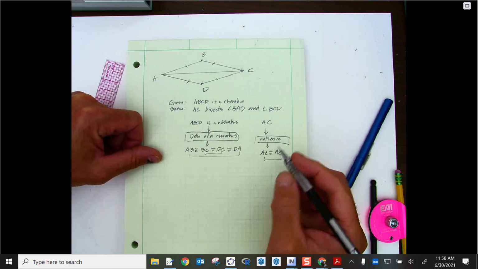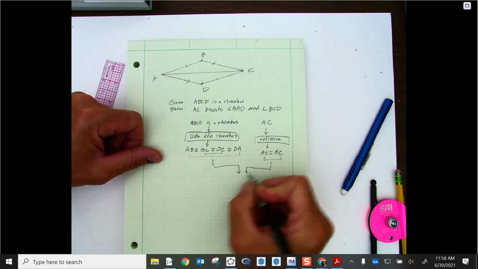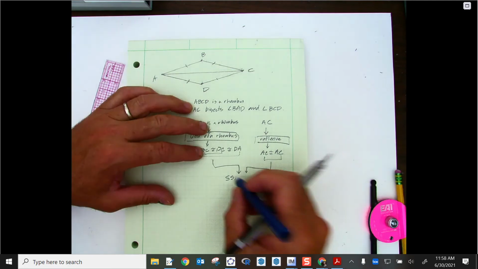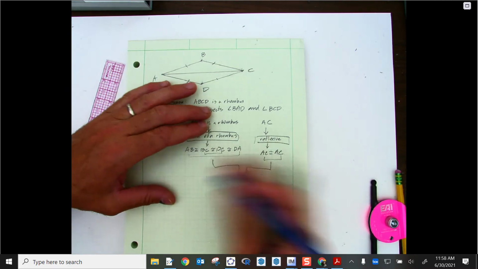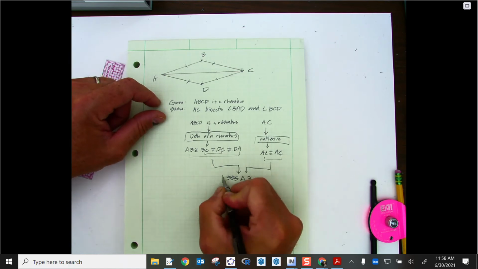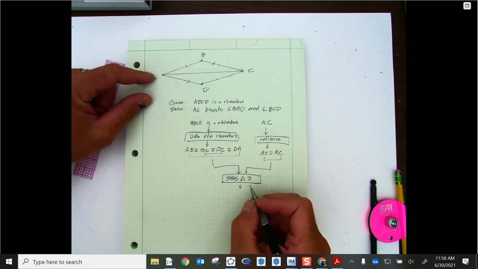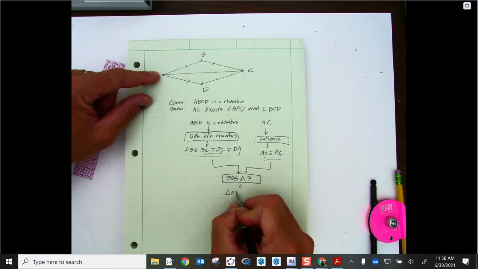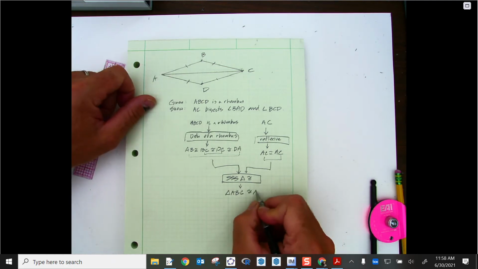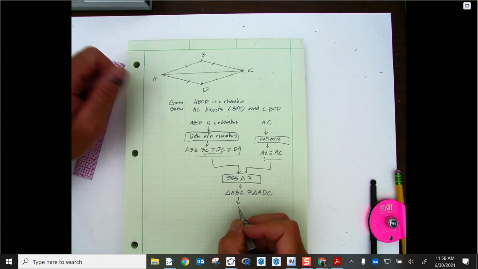If we add those together, using side, side, sorry, I just about put side, side, angle. Still thinking on the last proof here. Side, side, side triangle congruence criteria. What do we get out? We get that triangle ABC is congruent to triangle ADC. And then what do we get out of that?